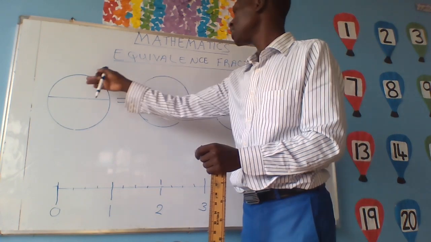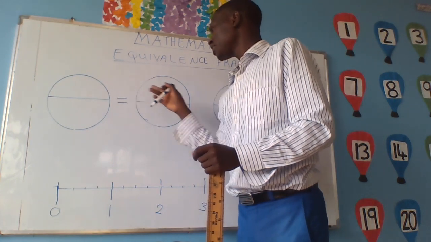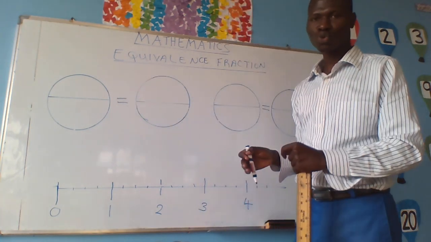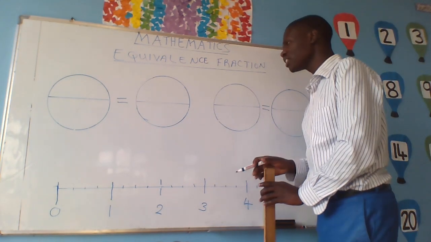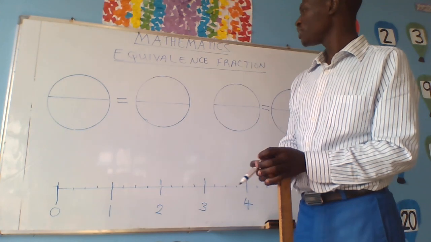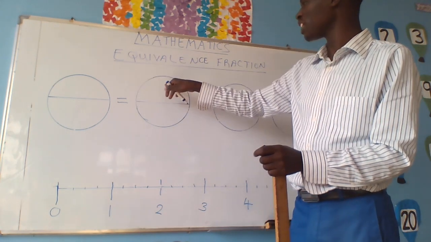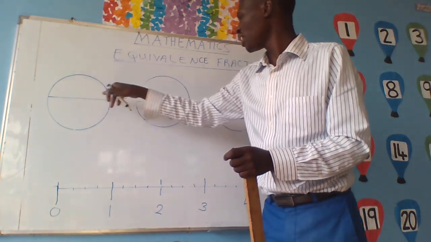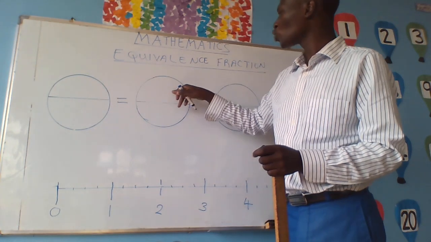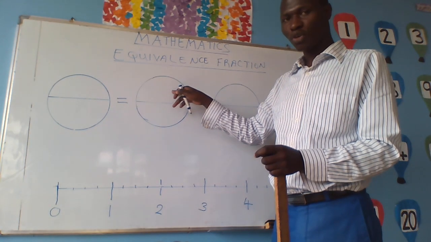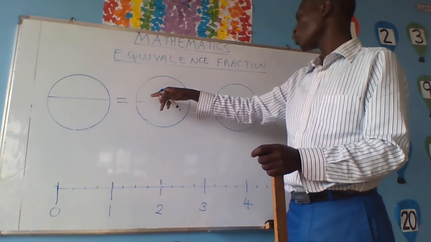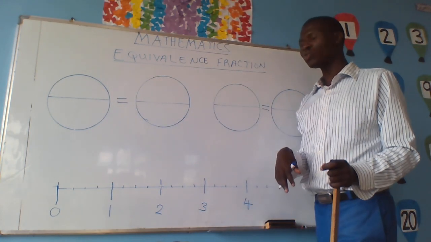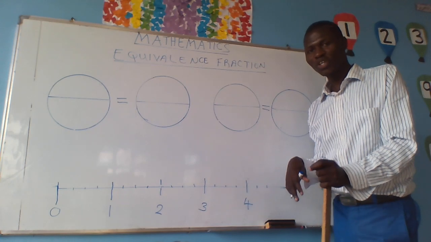We have these two circles. Now we are going to look at the equivalent fraction of these two circles. For example, here they have been divided into a half each. That means a half of this one equals a half of this one. Now we need to shade them.